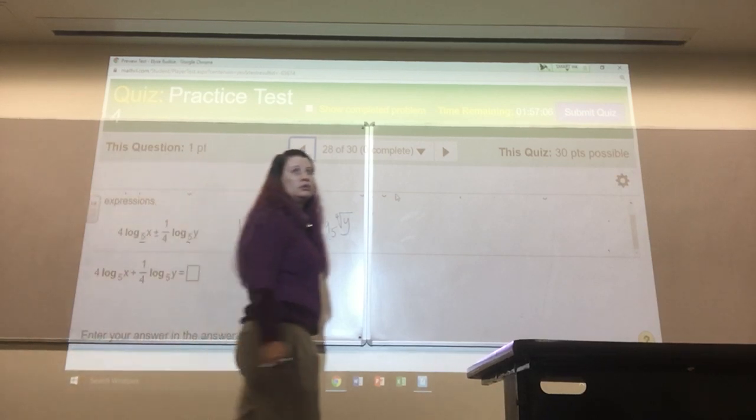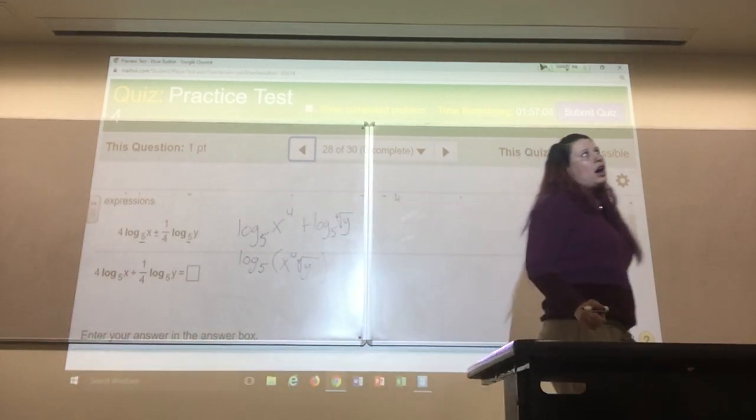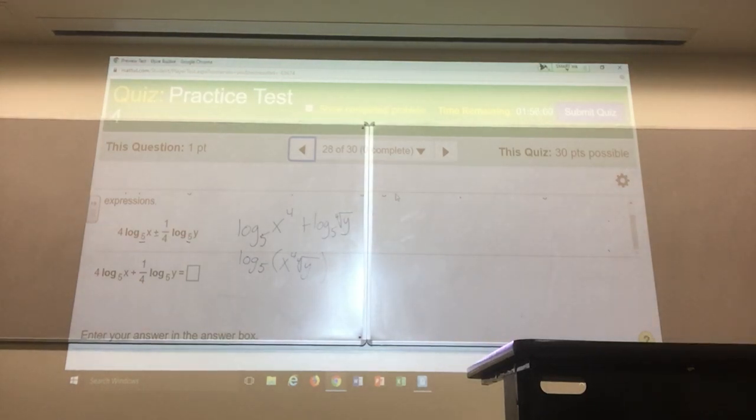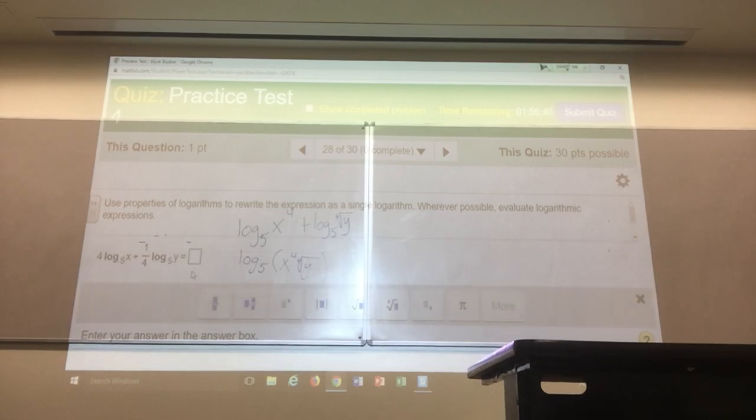Do you not do y to the 1/4? Technically, they're the same thing. However, I believe it wants you to put it in that form with the root? Just type it in and see. Sure, why not?